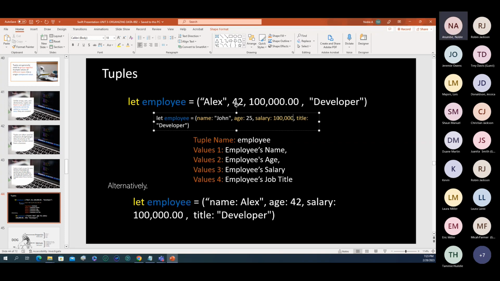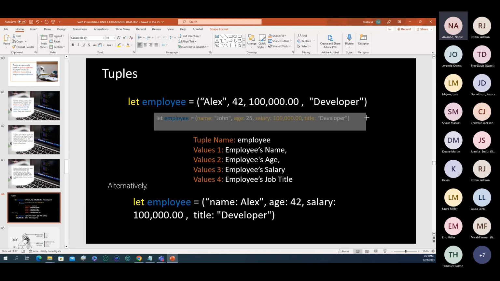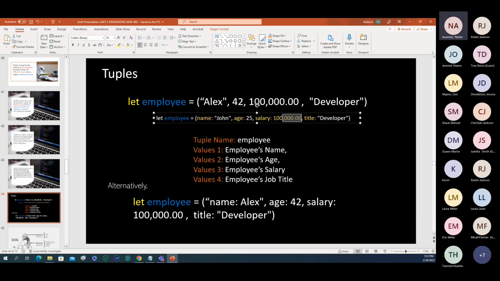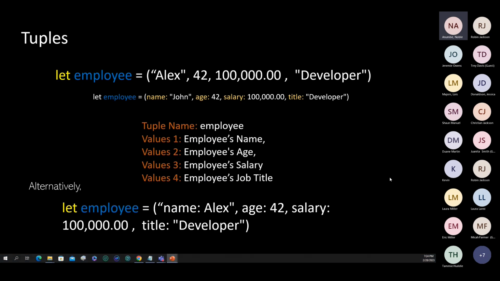And I deliberately used the .00 so that I can make a distinction, so it's a double. And this guy is 42. This is going to be white so that we are consistent, and this is going to be white too. So I guess you see what I'm doing here, right? Yep. So that's what we have here.